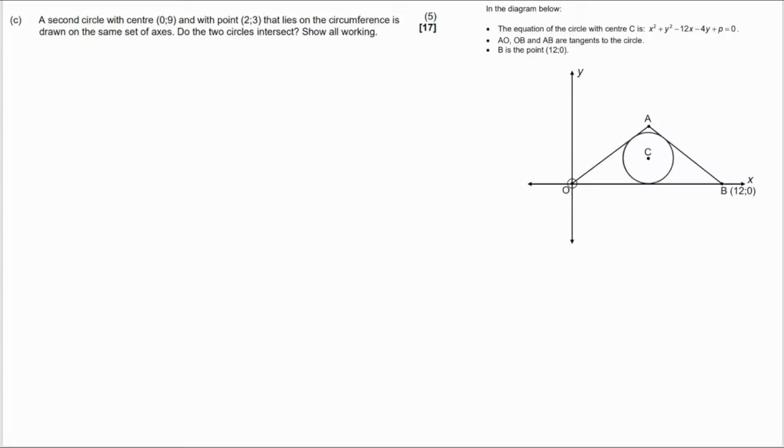To work that out, remember this center is (6, 2), so the distance is the square root of (6 minus 0) squared plus (2 minus 9) squared.